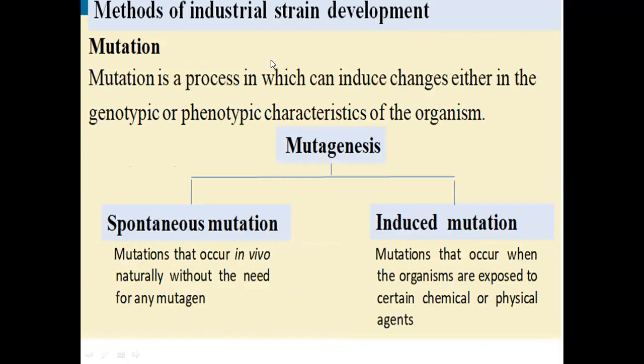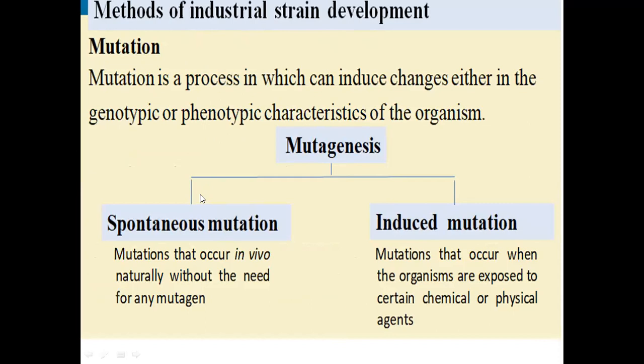Among the different methods of strain development, mutation is the most commonly used method, wherein mutations induce some changes either in the genotype or phenotypic characters of the organism. These types of mutagenesis can be spontaneous, or you can induce the mutations.